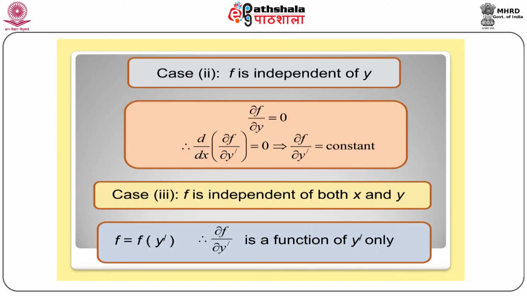Case 2. If f is independent of y, then what happens? If f is independent of y, then the first order partial derivative of f with respect to y vanishes. Thus, from the Euler-Lagrange equation, we directly get d/dx of ∂f/∂y' equal to 0.